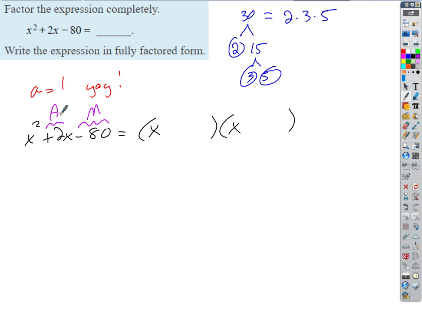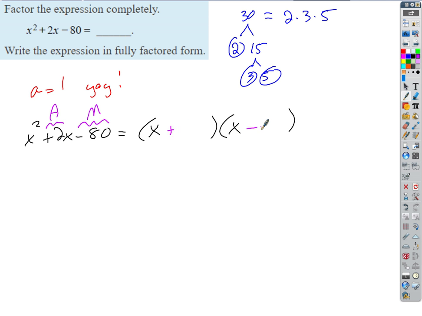Let's play the sign game though. Just sometimes that might be helpful. If the numbers multiply to a negative, what's that tell you? Just the fact they multiply to a negative tells me I get opposite signs, one negative and one positive, right? Aaron, if they're adding to a positive, which one must be bigger? The positive. So we'll put the bigger one first.